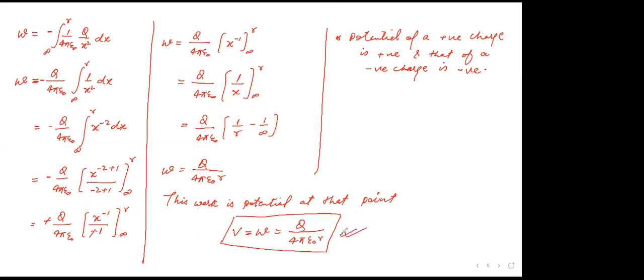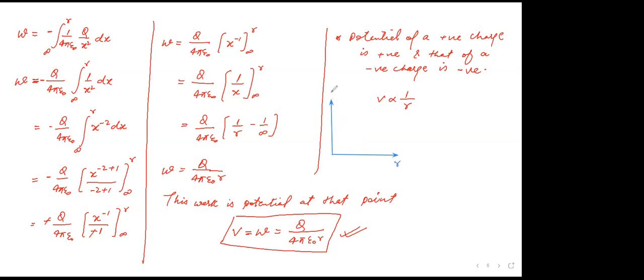From this equation, you can look here, V is inversely proportional to R. So we can draw the graph of this. Like this.